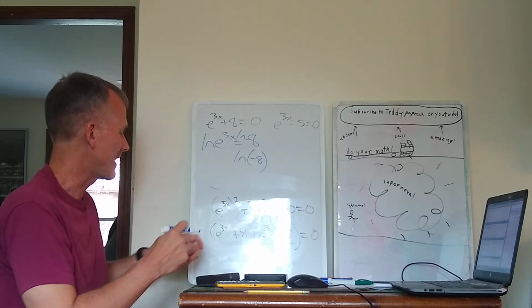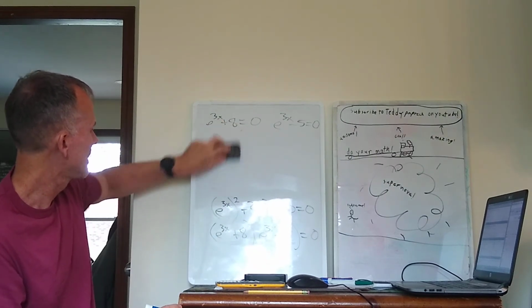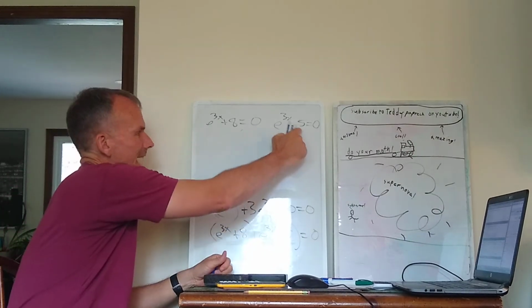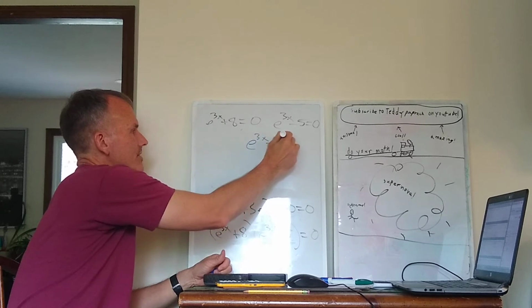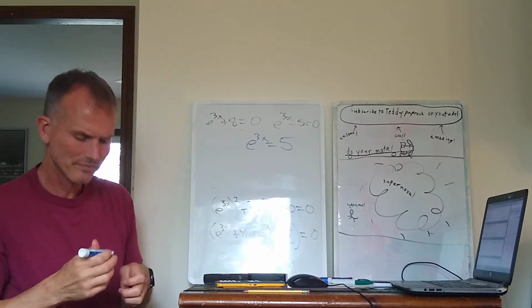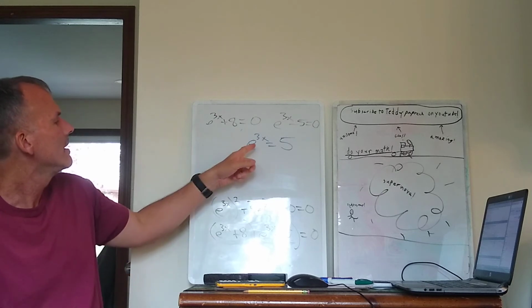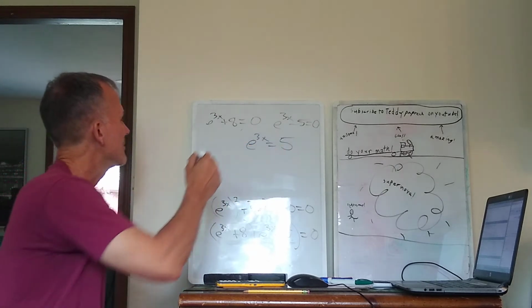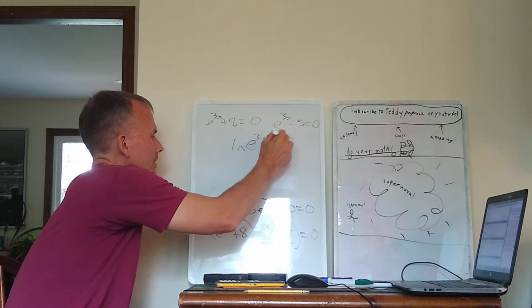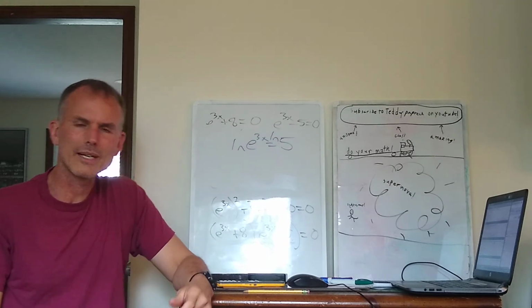So this looks better. I'll erase this. Here I'd be adding 5 to both sides, so I'd have e to the 3x equals positive 5. That's much better. I can take the natural log of both sides here, and notice this time I have the natural log of a positive number, which is wonderful.